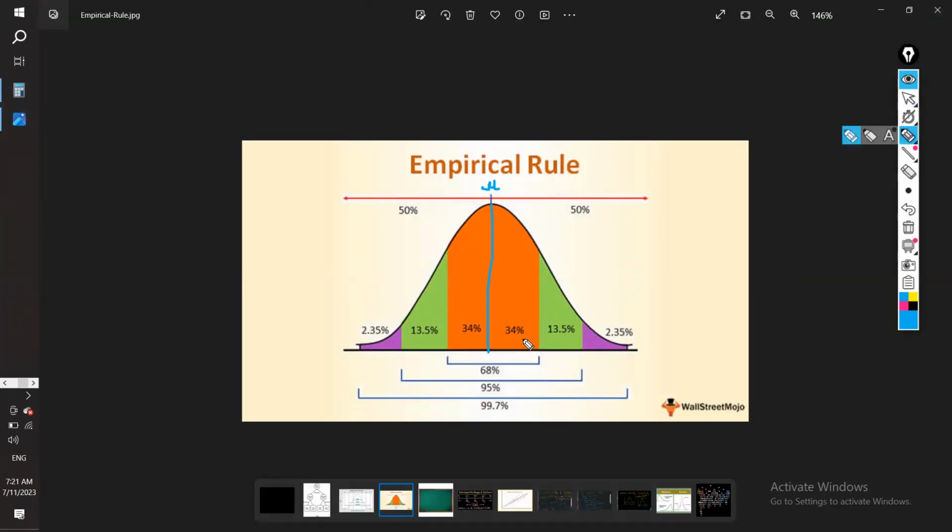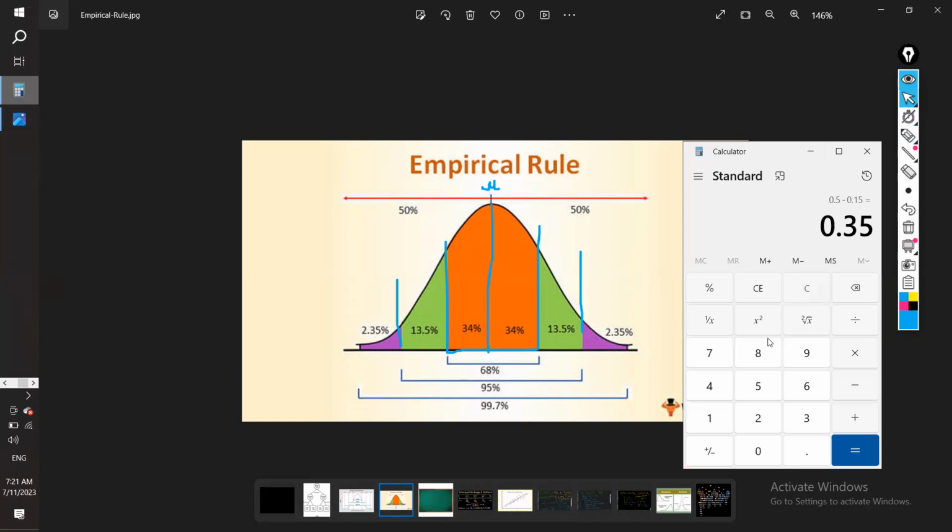Now, if you see in 2 standard deviation, how much data is found? 95. But from this part, 68 we already got. In this green part, what is left over? 95 minus 68, so 27.